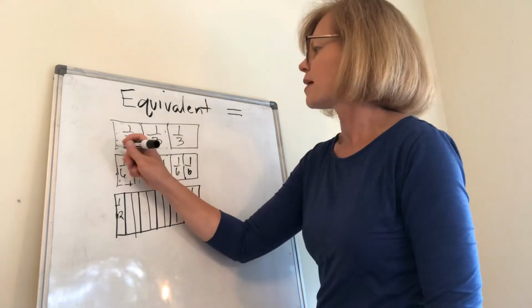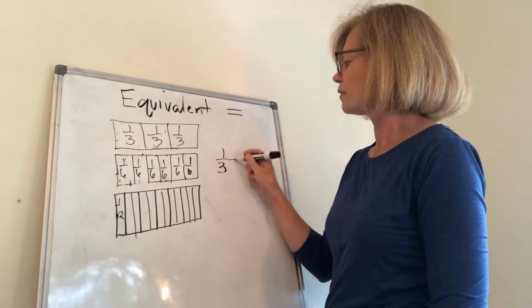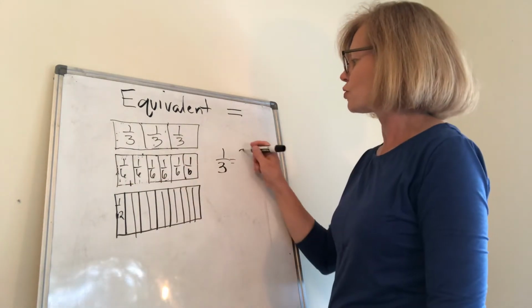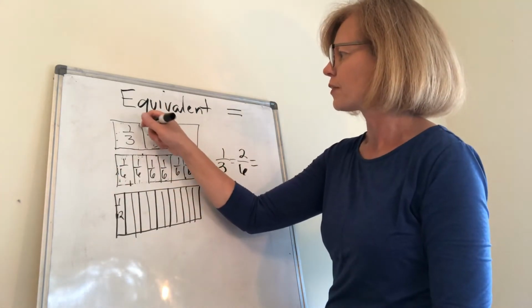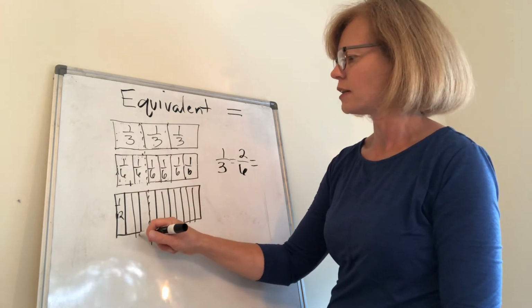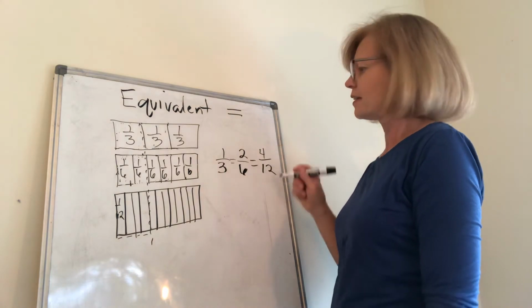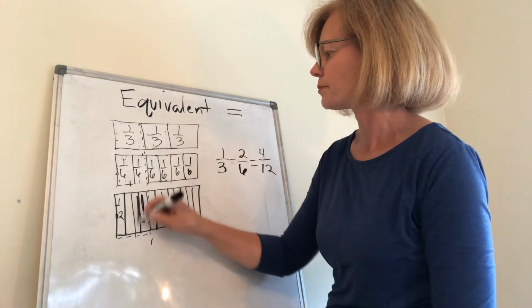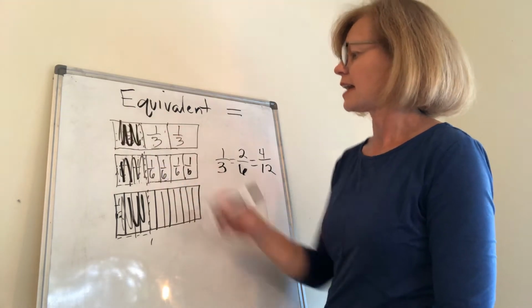Well, let's see, what else is equivalent to 1/3? I know 2/6 is equivalent to 1/3. How many 12ths? Well, here I go down. I can see it's 1, 2, 3, 4. 4 12ths is the same amount as 2/6 and as 1/3.